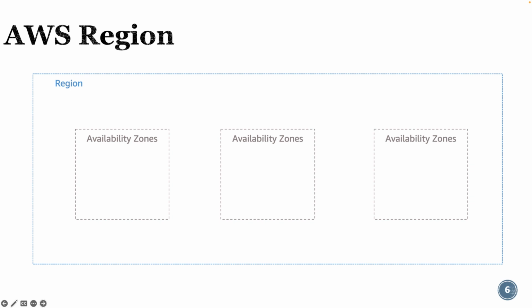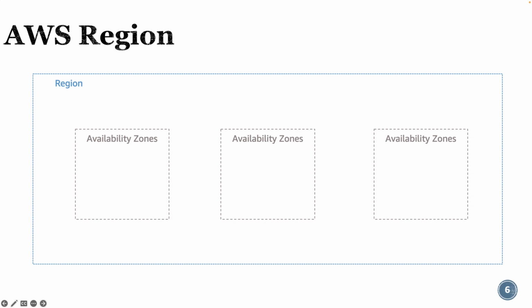And so if your data sits in a particular region, your data will not leave that region unless you specifically move that data. And you will also see that some countries have multiple regions and some only have one region, and this depends on how AWS is designing their regions to be geographically spread across the world.